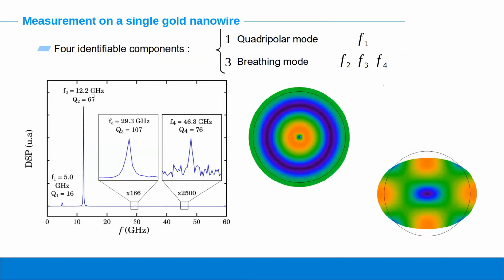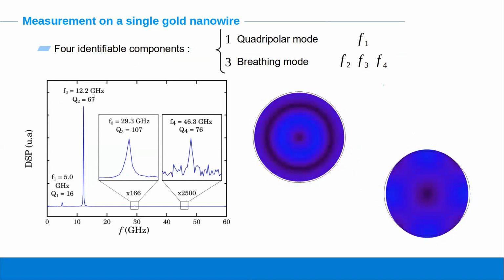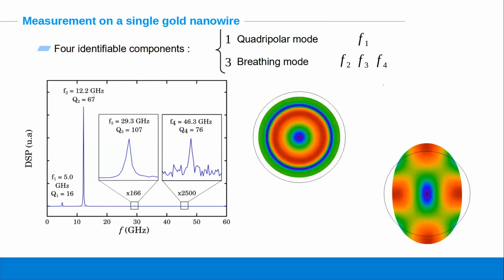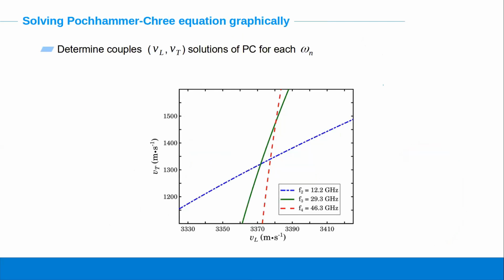Because when we know those values, knowing also the precise value of the radius A, we can determine for each of those the couple of velocities, VL, VT, that solve the Pochhammer-Chree equations. And since we have several values, we have several curves of couples of velocities, and ideally, we would have a single intersection point for all of those curves that gives you the physical values of the velocity.